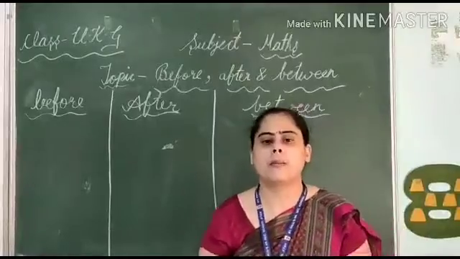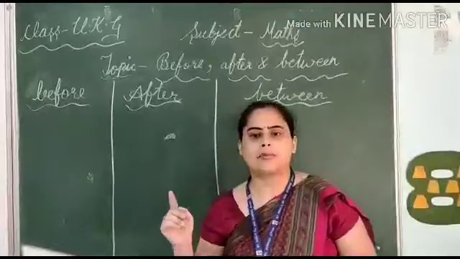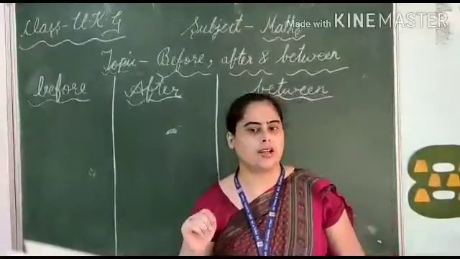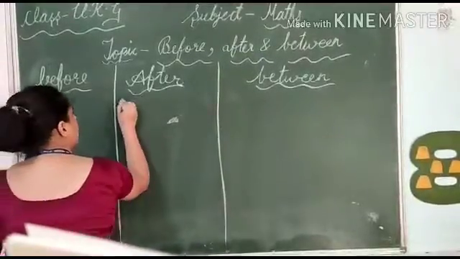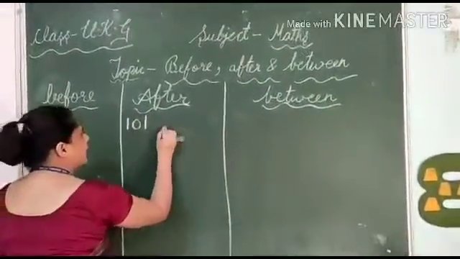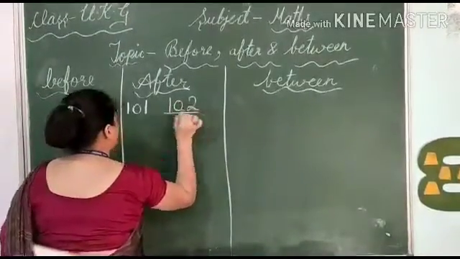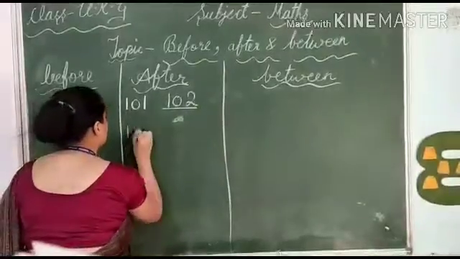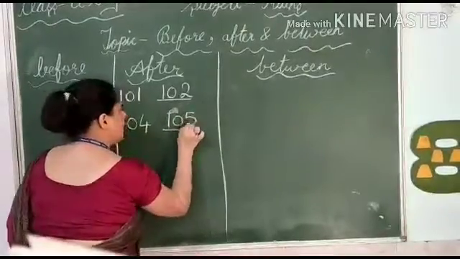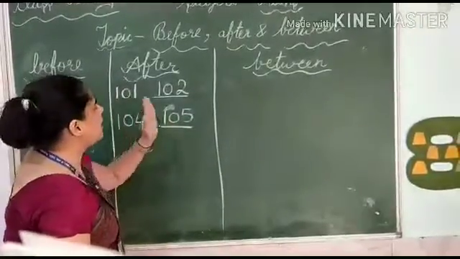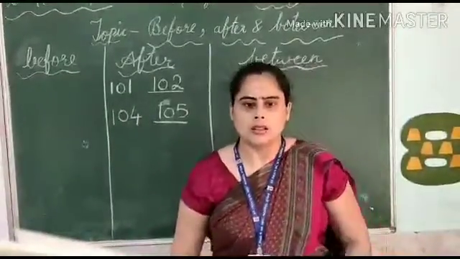For example, what comes after 101? That is 102. And what comes after 104? That is 105. So this is the after number.